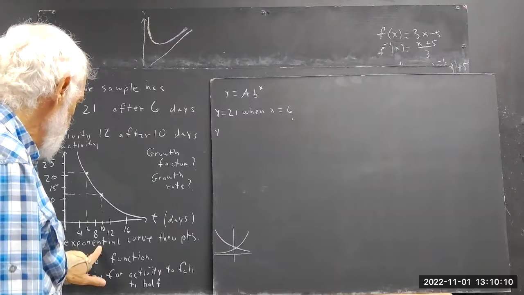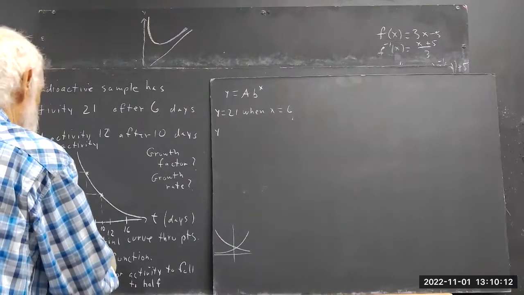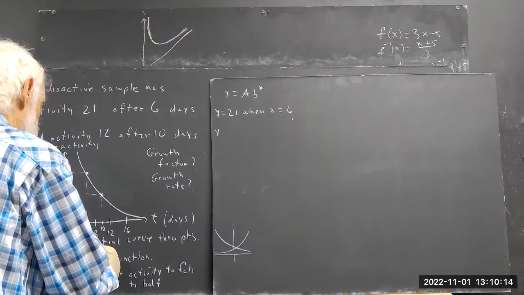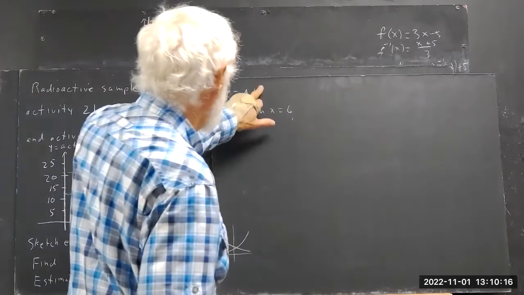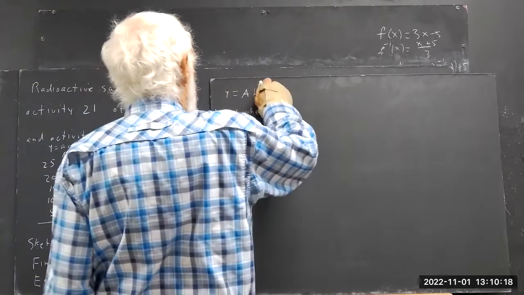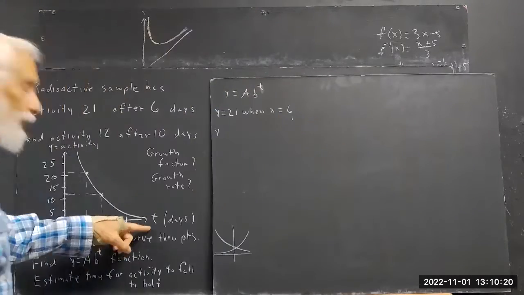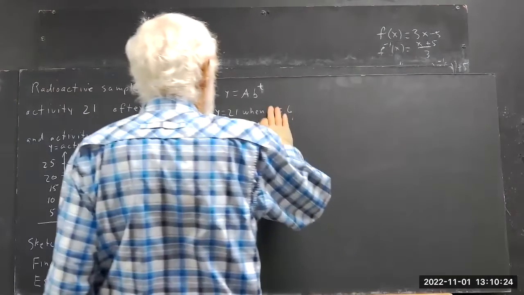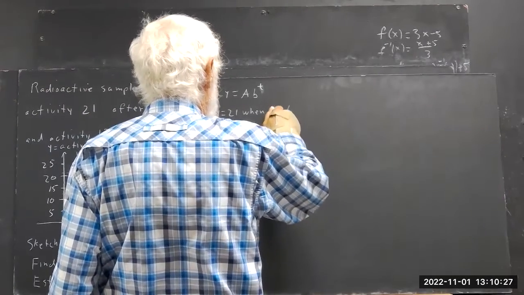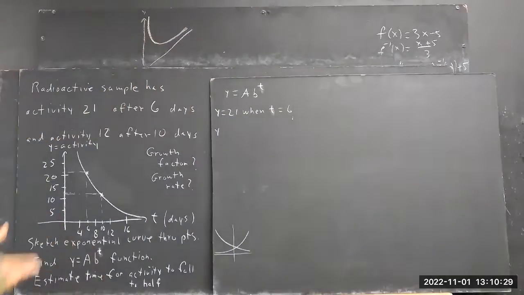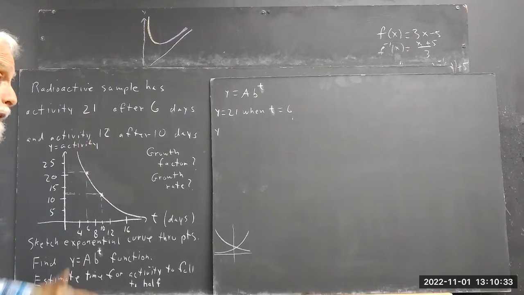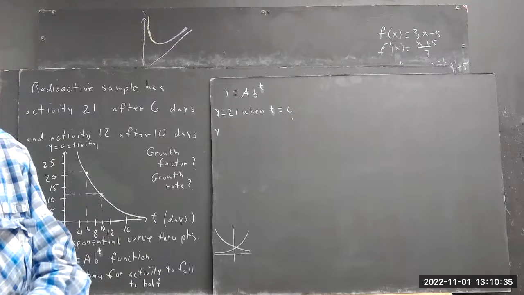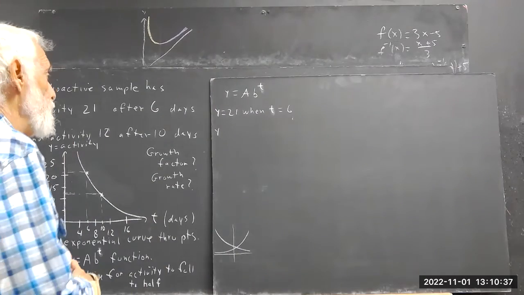It doesn't matter if you use X or T, but just to put this in context, I'm going to start using T instead of X for my time, because that's how I labeled my graph. Should have done that in the first place. You probably used X, that's fine. But if you looked at the graph, maybe use T, that's also fine. The arithmetic and the algebra is all going to be the same.